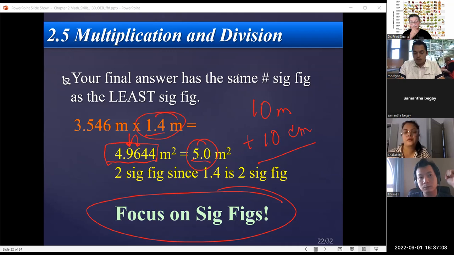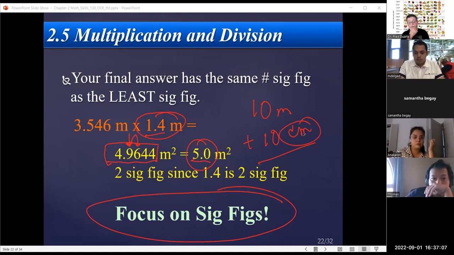No, I can't, because I need to convert either the centimeters to meters or the meters to centimeters before I can add them up, right? And the same is true of subtracting. If this was 10 liters and I had to add 10 centimeters, I can't do that. I've got totally different units: volume and length.